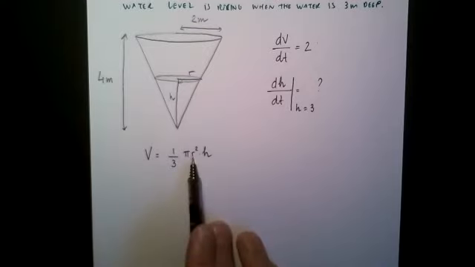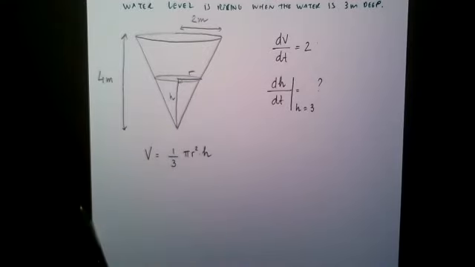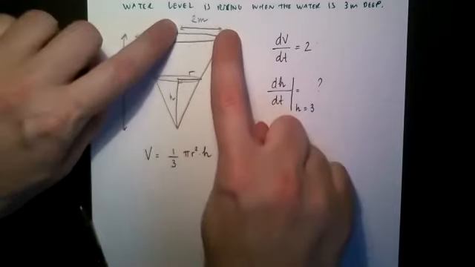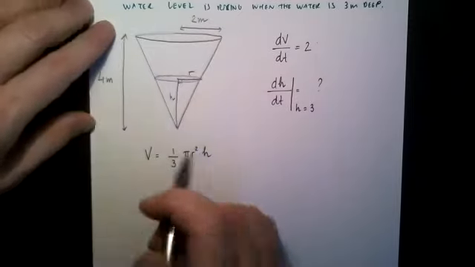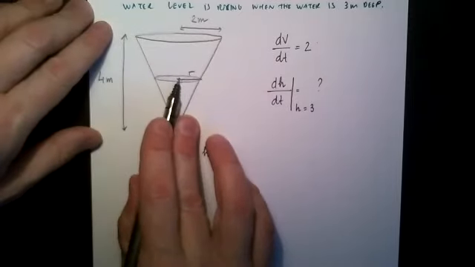How am I going to get rid of this variable? We replace it by 2? Why 2? The radius is 2 meters. No, the radius on top is 2 meters. The radius here is not 2 meters.